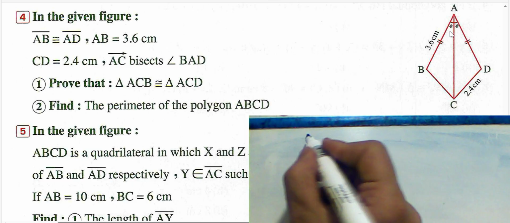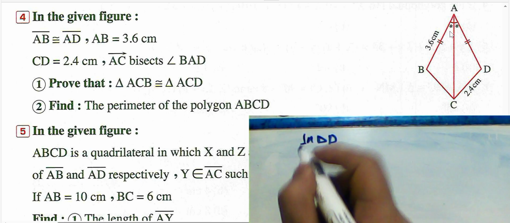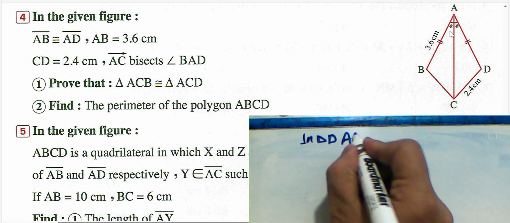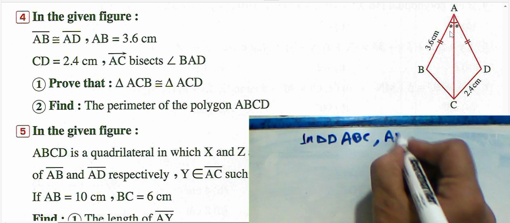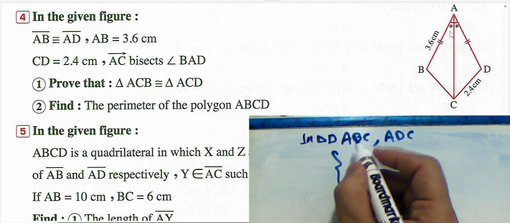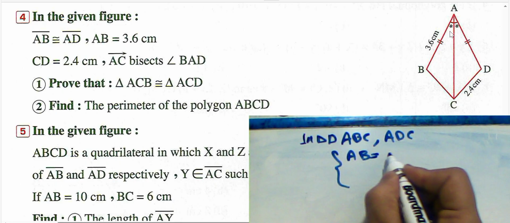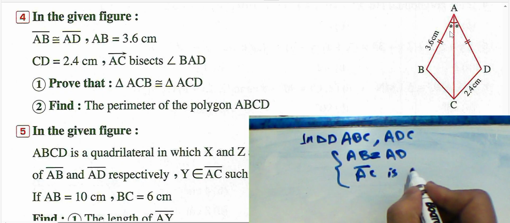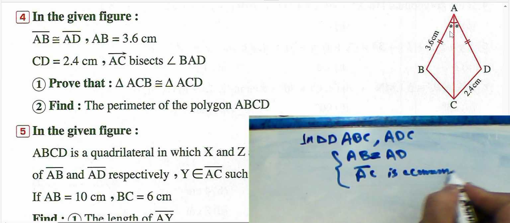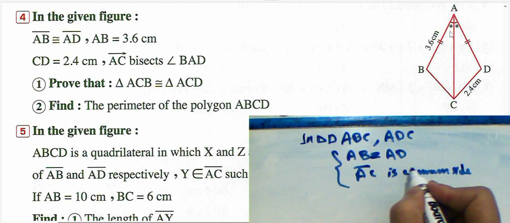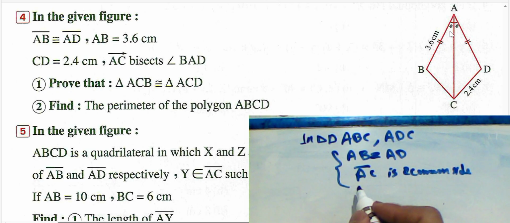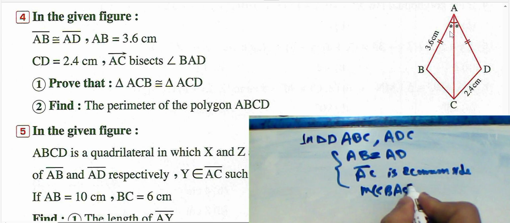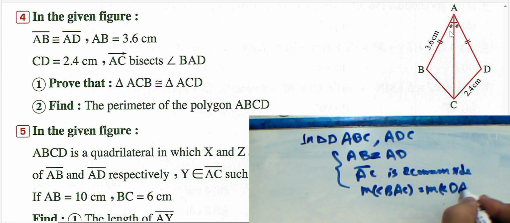Okay, first step, write the two triangles ABC and also triangle ADC, where AB is equivalent to AD and also AC is a common side between them. We have here a common side and also the measure of angle BAC is equivalent to the measure of angle DAC.